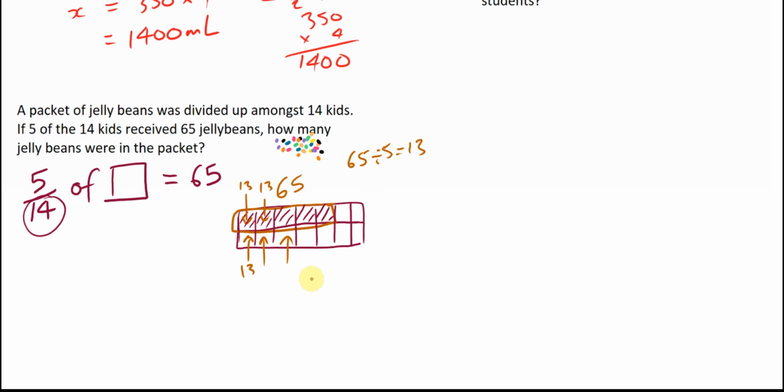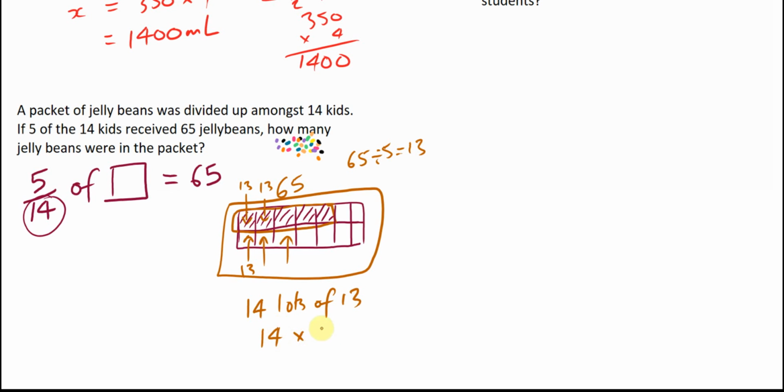So our total amount, looking at that whole lot there, would be 14 lots of 13, or 14 times 13. And that will give us the original amount. So you could work out 14 times 13, that will be the original amount.